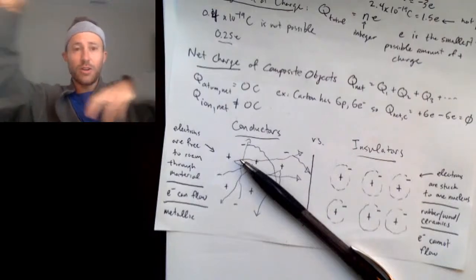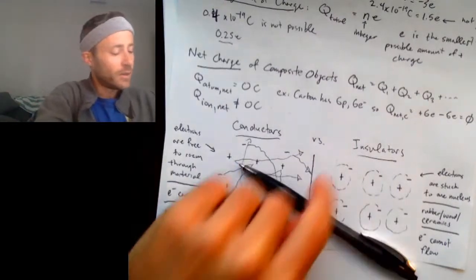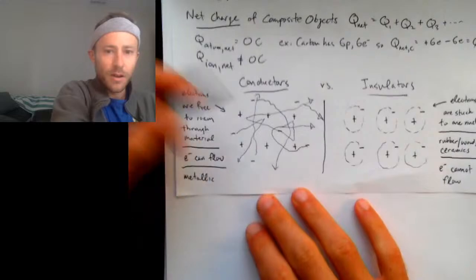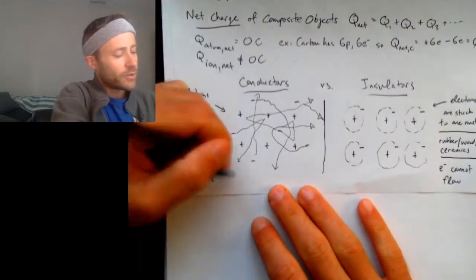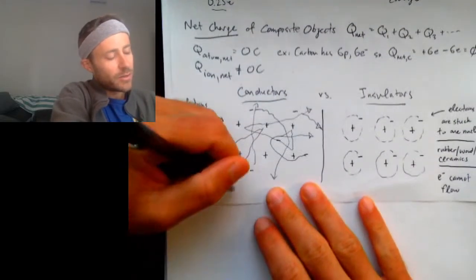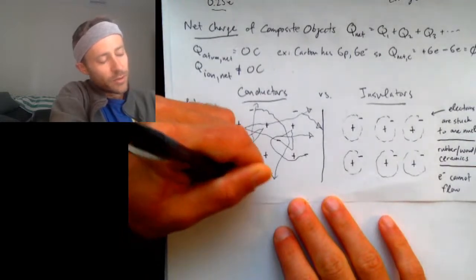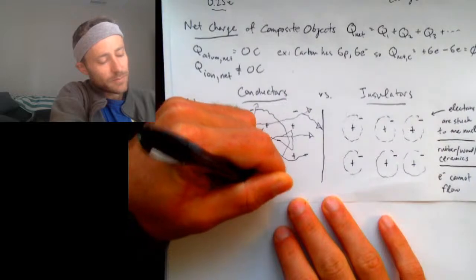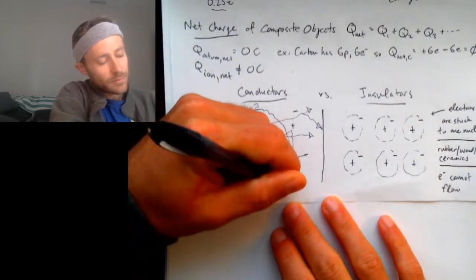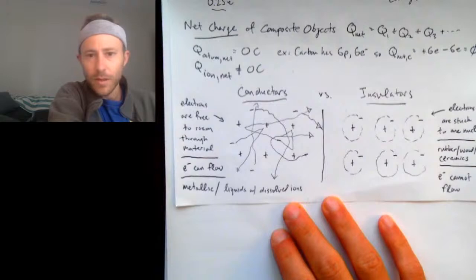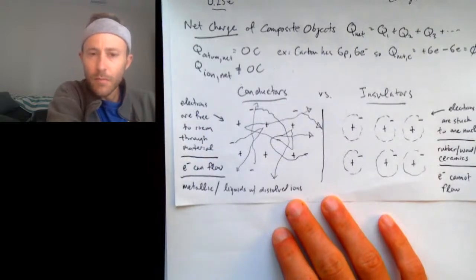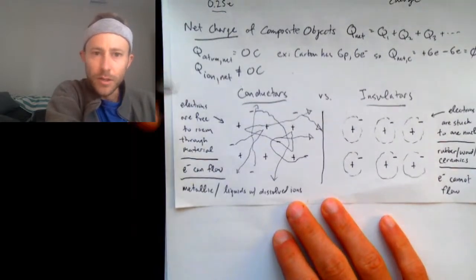So now you have charge that can move around the solution. Okay, so conductors tend to be metal, or they tend to be liquids with dissolved ions. Okay, they can be conductors.